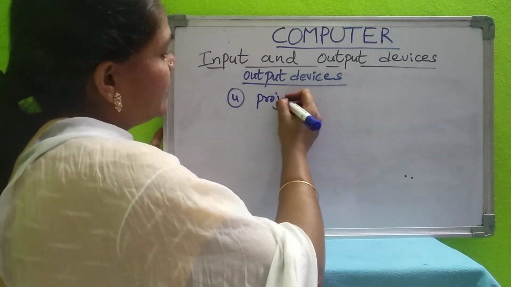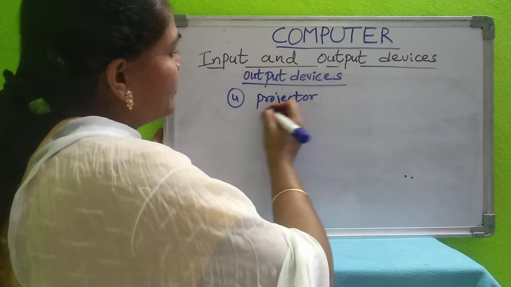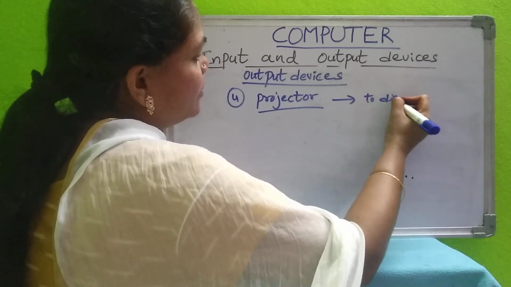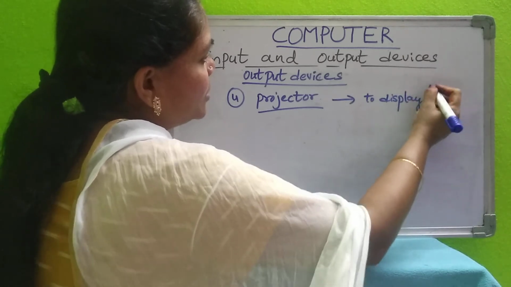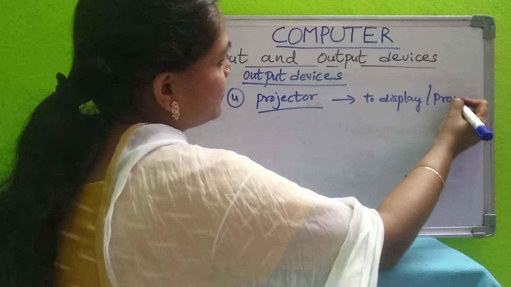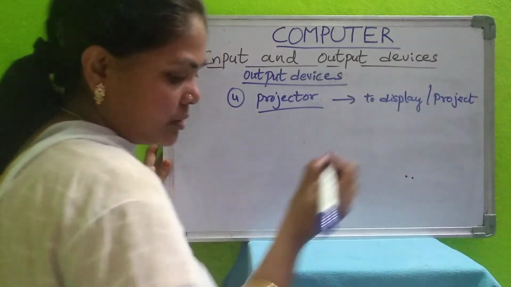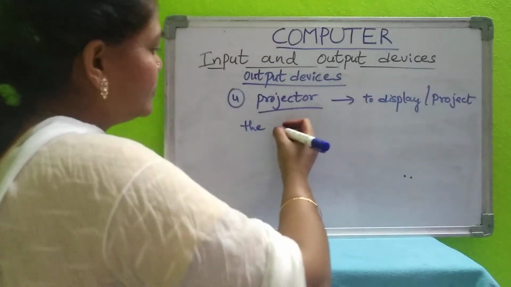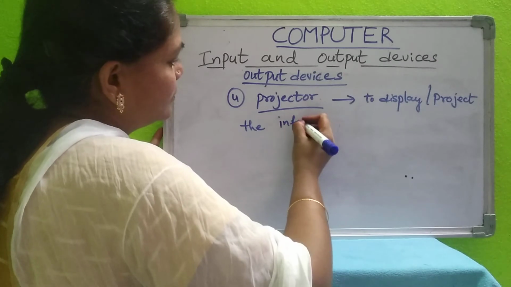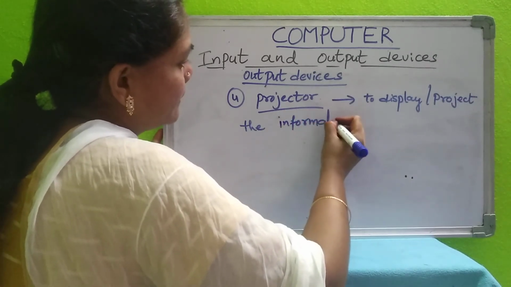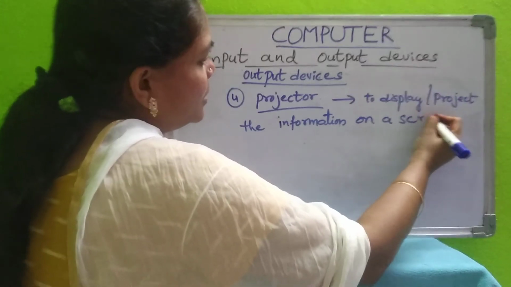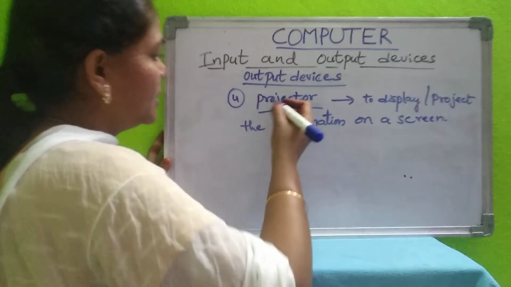If many members are there to watch, at that time we use the projector to display information, or project the information on a screen. In our DG room we have this projector, isn't it?